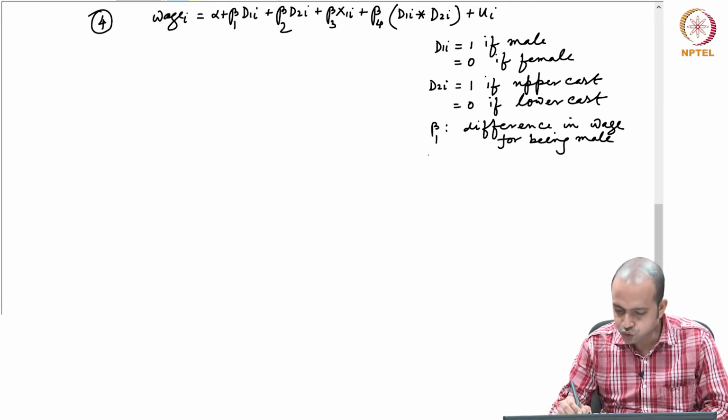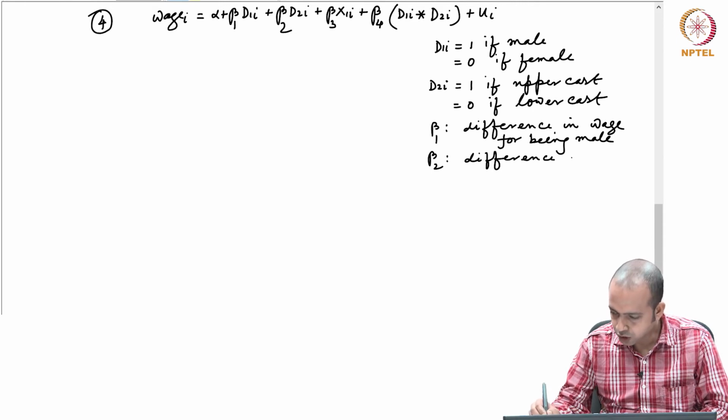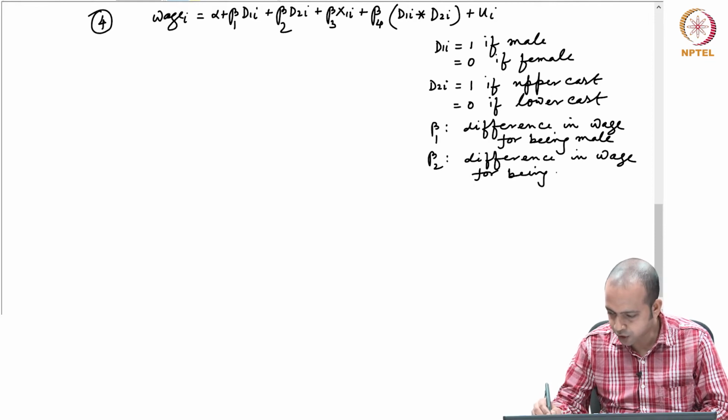And what is beta 2? Beta 2 indicates the difference in wage for being upper caste.